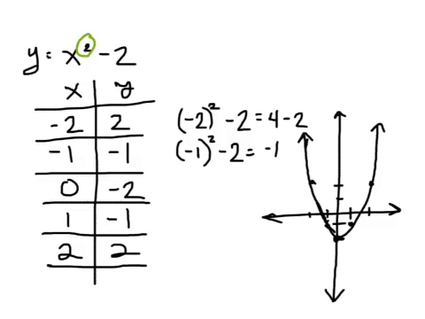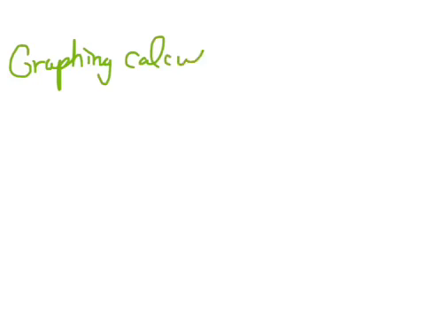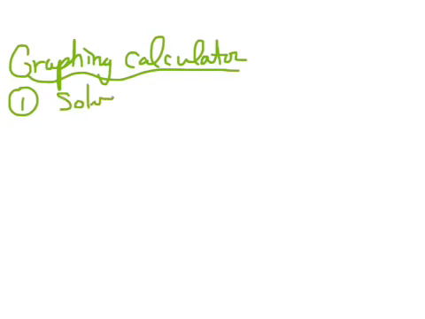On a different note, the other thing that we can do is use our graphing calculator. Now I actually don't have my graphing calculator with me right now, but I'm going to walk you through what you have to do. So the first thing that you need to do is solve your equation for y equals.